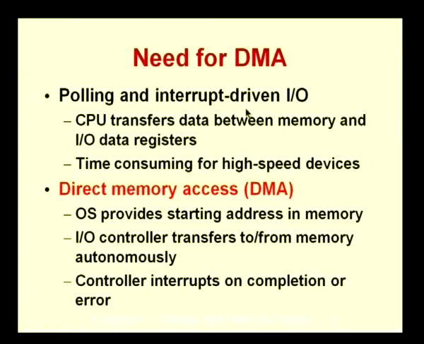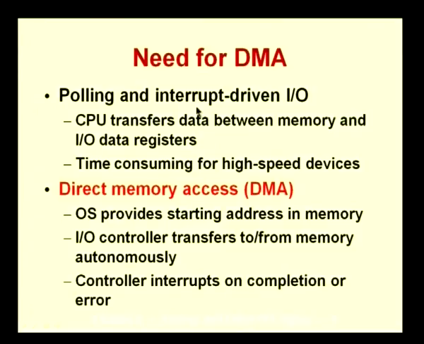So, we go for an interrupt driven mechanism where, when a particular device has some data that needs to be transferred, it will interrupt the processor and then the processor will do the data transfer. We saw that in an interrupt driven input output mechanism, there is an interrupt service routine which is responsible for doing this data transfer. But the problem here again is that the data transfer as such has to be done by the processor.